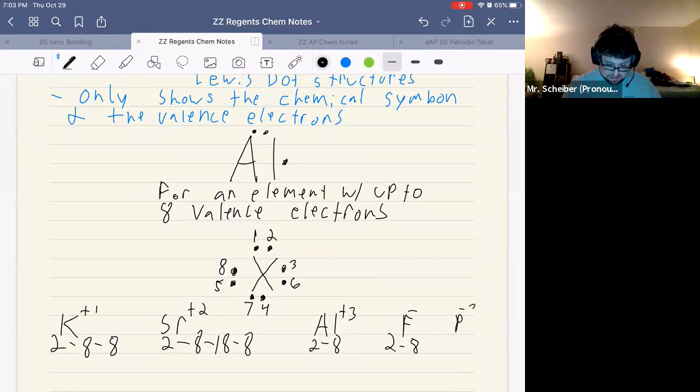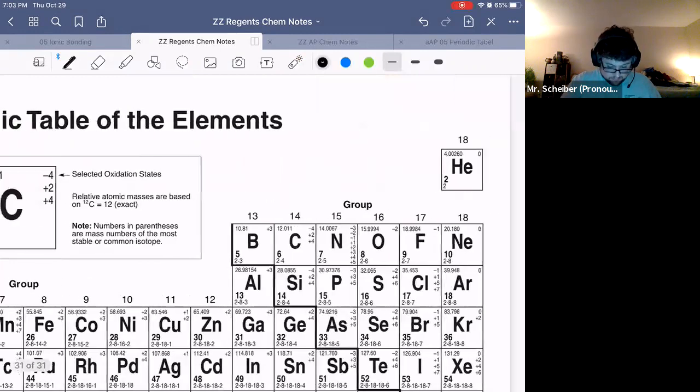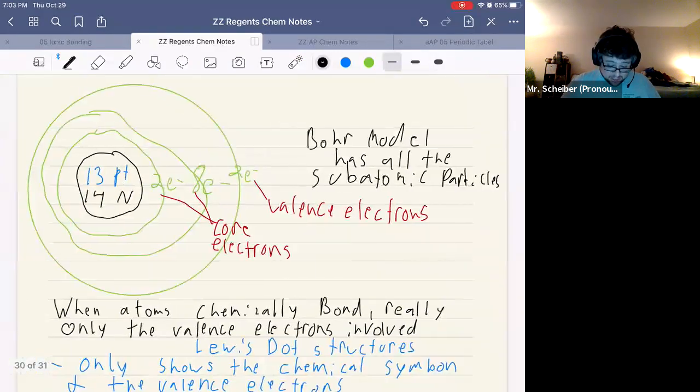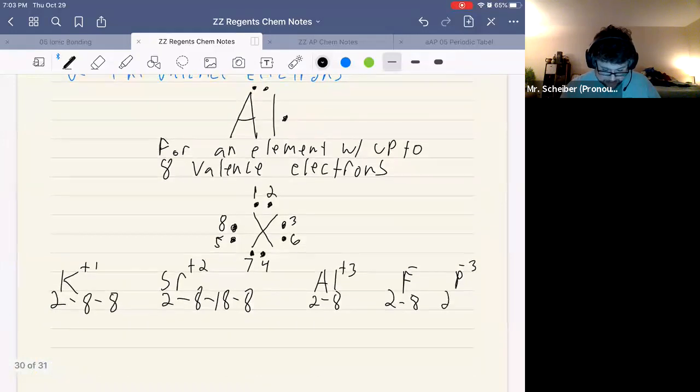That tends to form a -3. If phosphorus formed a -3, 2, 8, 5, 5 plus 3 is, oh, look at that, 8. 2, 8, 8. Notice how there's this pattern of having the same valence electrons as the noble gases. There is a pattern.